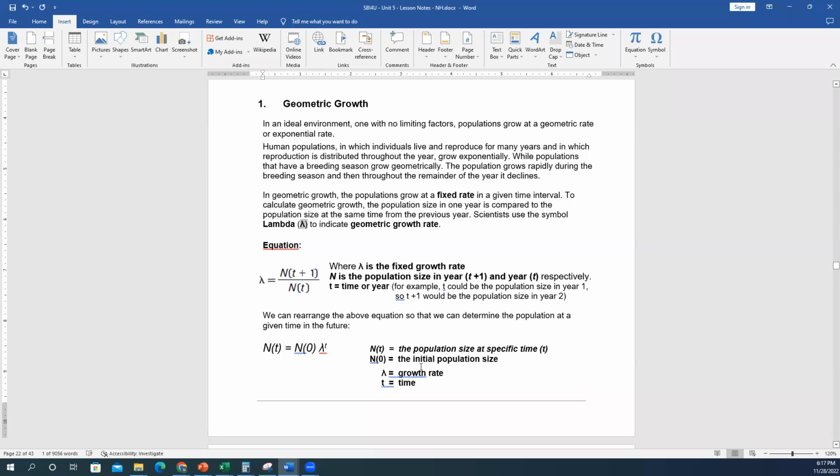Lambda is the growth rate, which we would have figured out by looking at how the population is growing over a certain time, and then t is whatever amount of time we want to forecast and look at that population in the future. So these two equations are essentially the same, just rearranged somewhat.